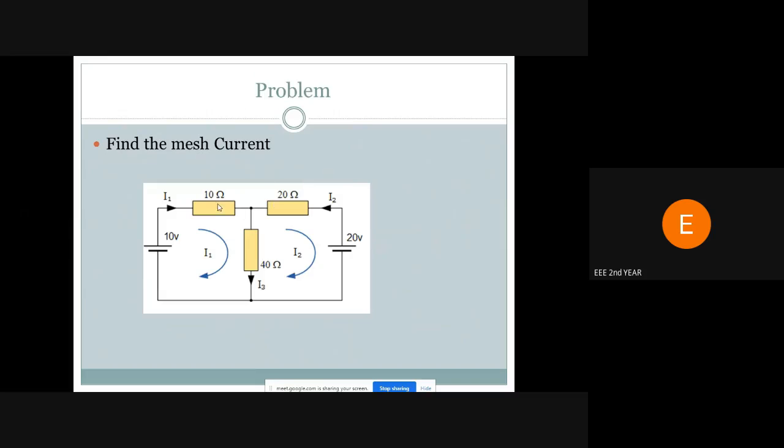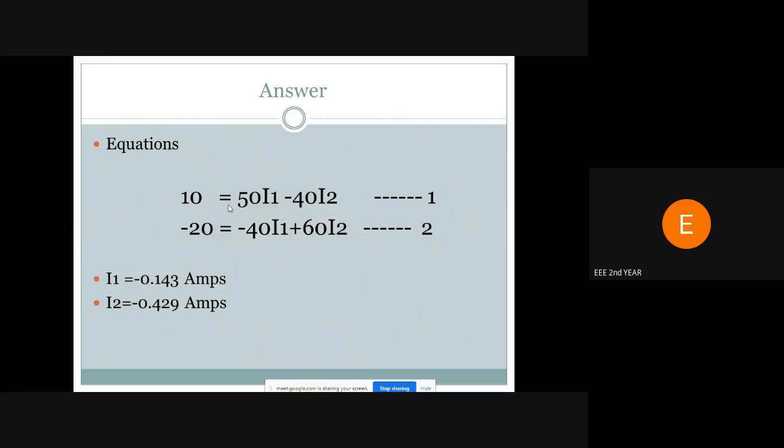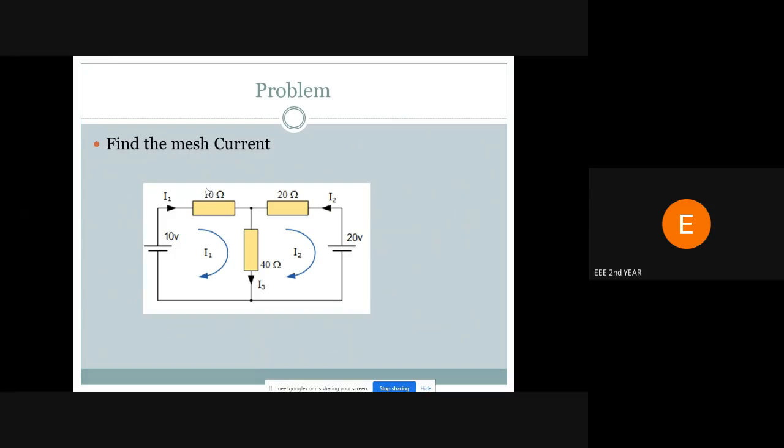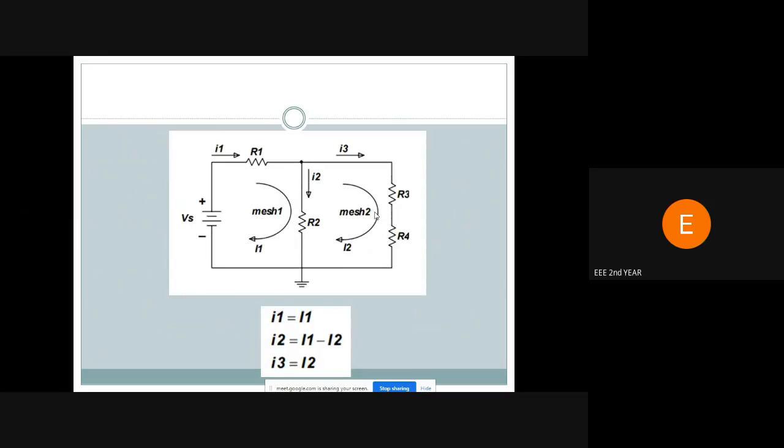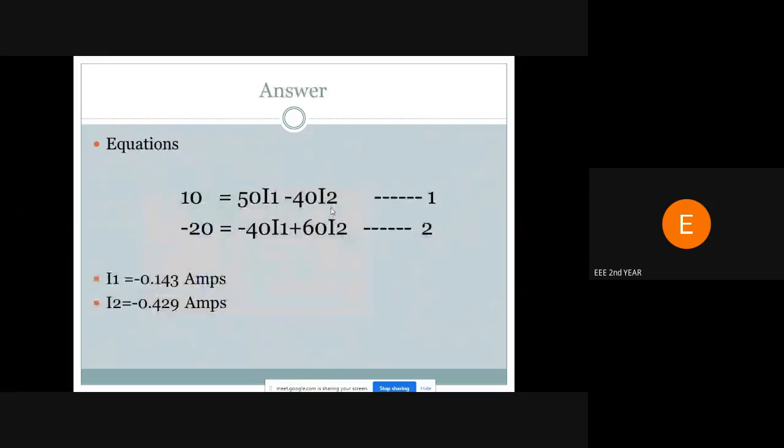So from that, we form the equation as 10 is equal to 50 I1. This is the direct method. By using the direct method only, we form the equation.